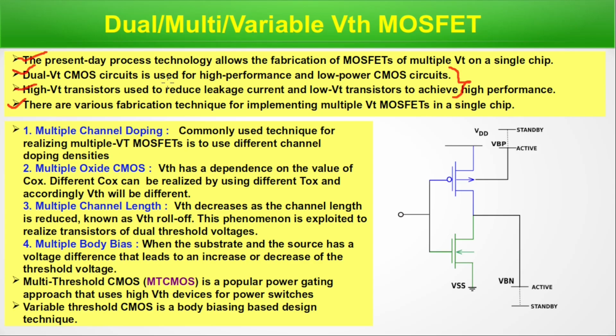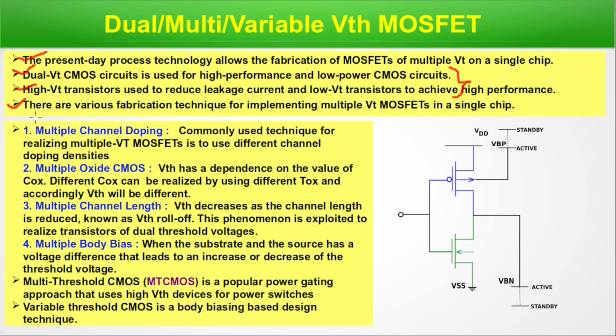Dual VT transistors means there are 2 types of transistor, one having high threshold voltage, another having low threshold voltage. High threshold voltage is used to reduce the leakage current, and low threshold voltage is used to achieve high performance. When threshold voltage is lower, leakage is higher, and when VT is high, the leakage of those MOSFETs is less.